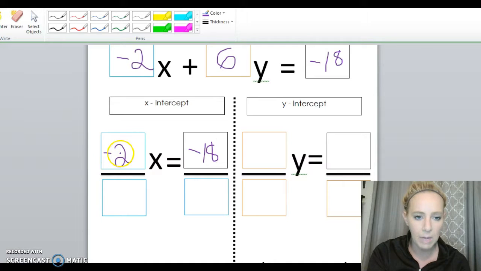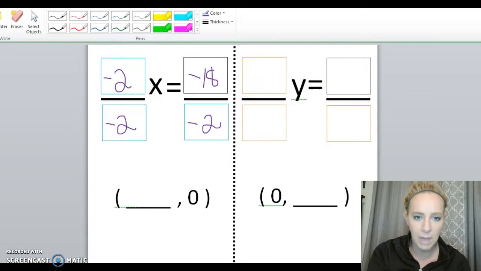I'm going to divide both sides by negative 2. The negative 2's cancel out, and I'm left with x equals negative 18 divided by negative 2, which is 9.